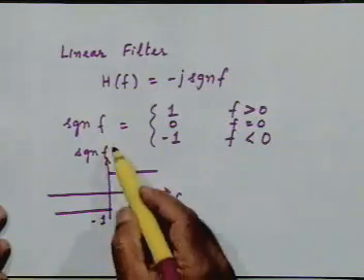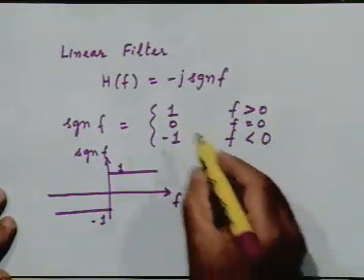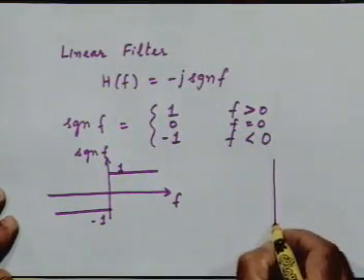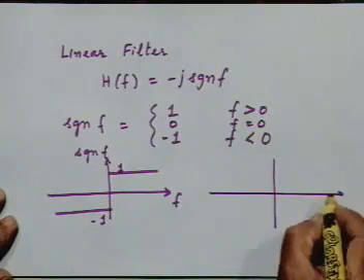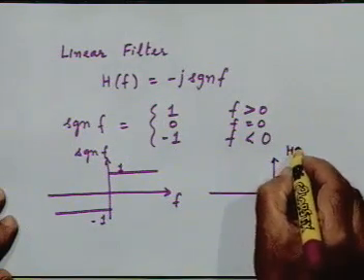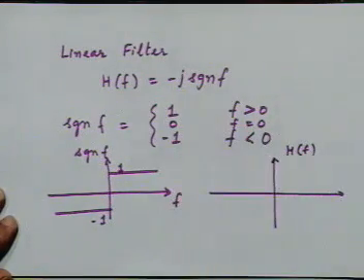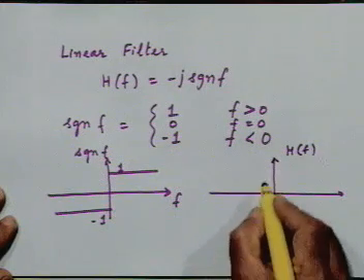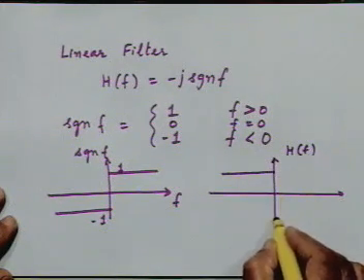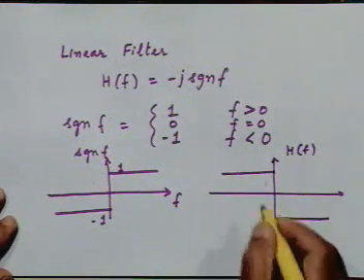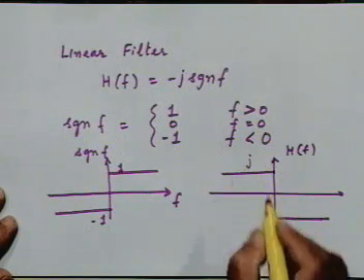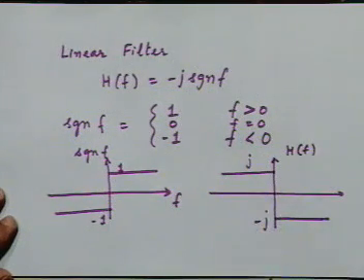Now, with this definition of the signum function, suppose I was to plot H of f as depicted here, what will it look like? Just the opposite of this, with this value being plus j, this value being minus j.